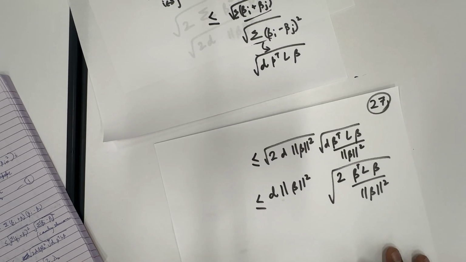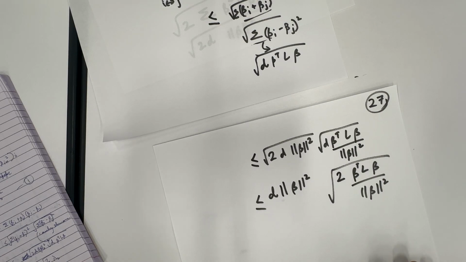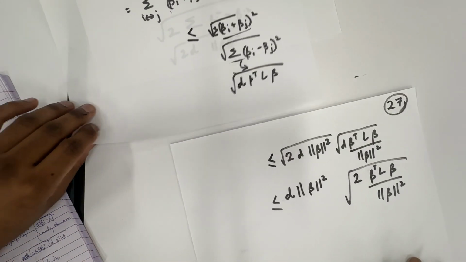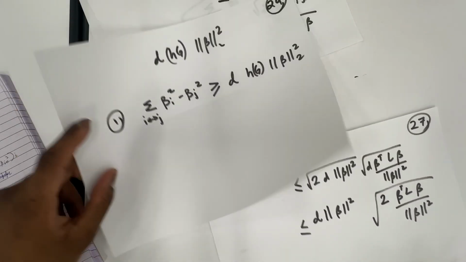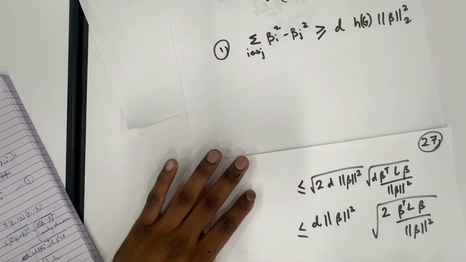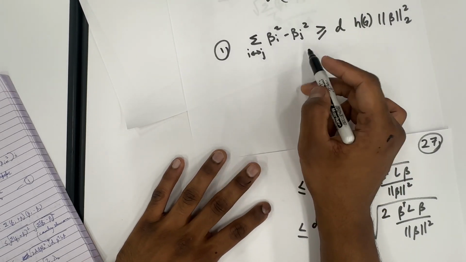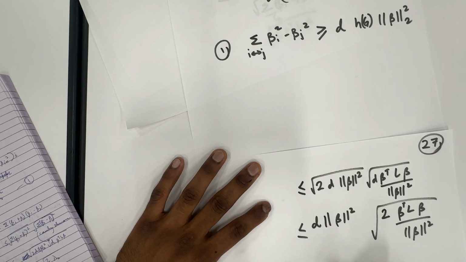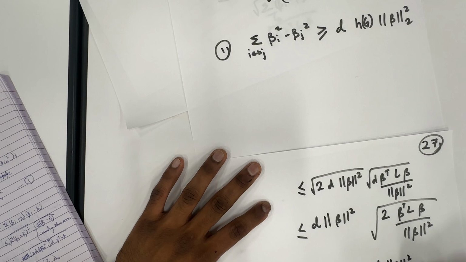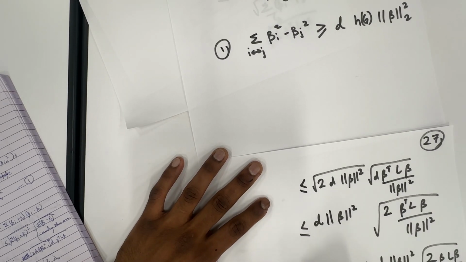Now let's look at this for a second. What I have proven is, combining these two, this intermediate quantity, I'm going to label it like this. It is less than or equal to 2 times d times norm beta squared, times this number in the square root, and it is greater than d times hg times norm beta squared.